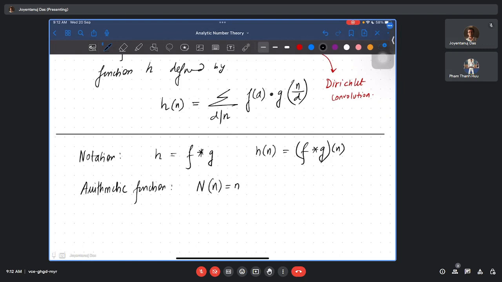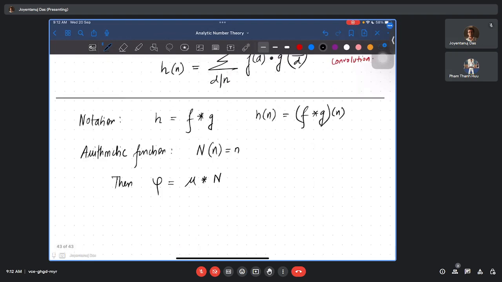Then what we have is that phi is nothing but mu star N, from our theorem. Phi of n is the summation over d dividing n of mu of d and then N of n by d.